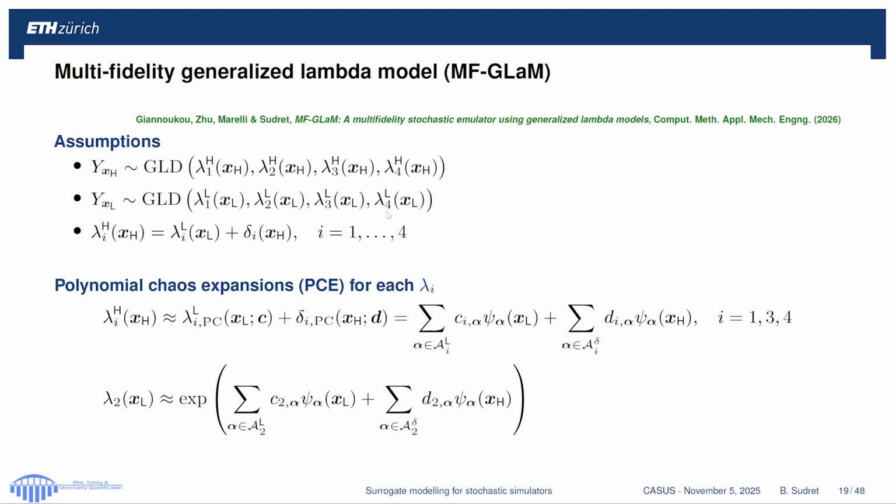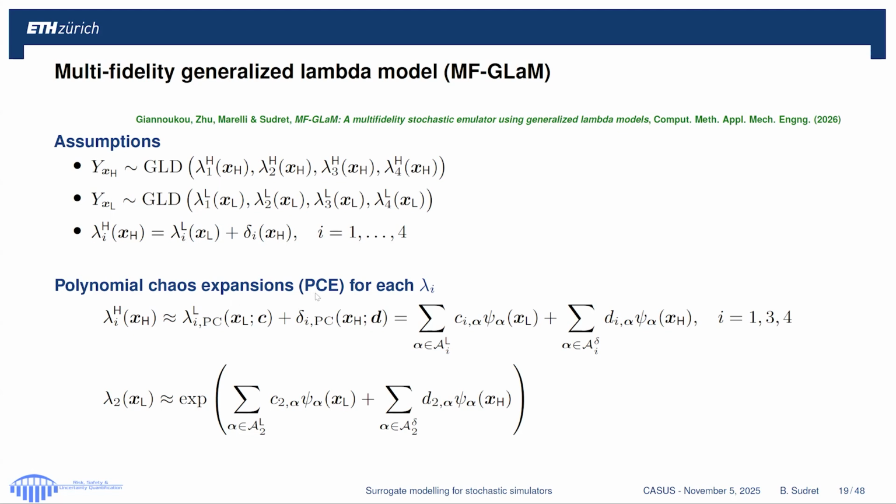As they are linked because they model the same physics, we assume that the distribution of the high-fidelity response is the distribution of the low fidelity plus some variations for each of the lambdas, where this variation can be very small if the low fidelity is accurate. So it's a perturbation of the low fidelity.